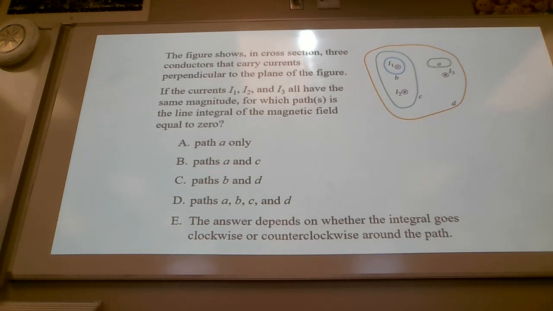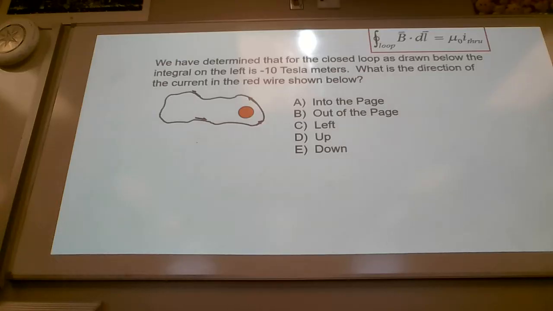Correct answer is B. Tell your neighbor.